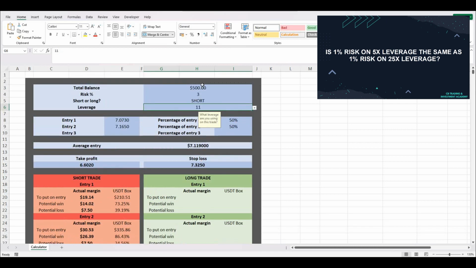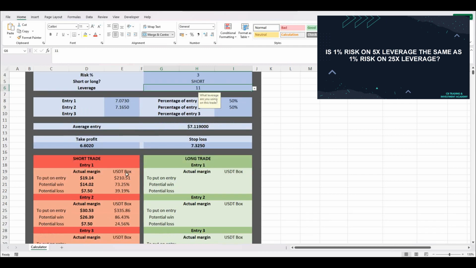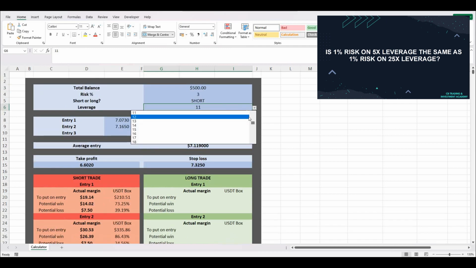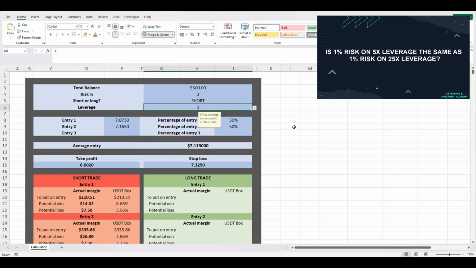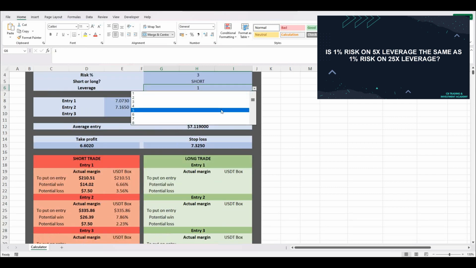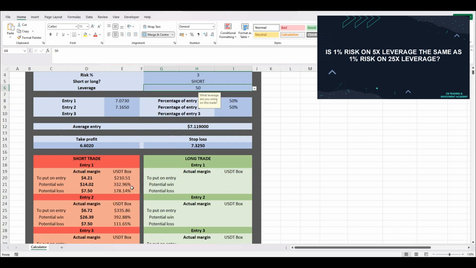It's still 3% of that 500, which is $15, but the margin changes. So the lower the leverage, if I put it on 1, you'll see that I have to put more margin on. And the higher I go, the less I have to put on.